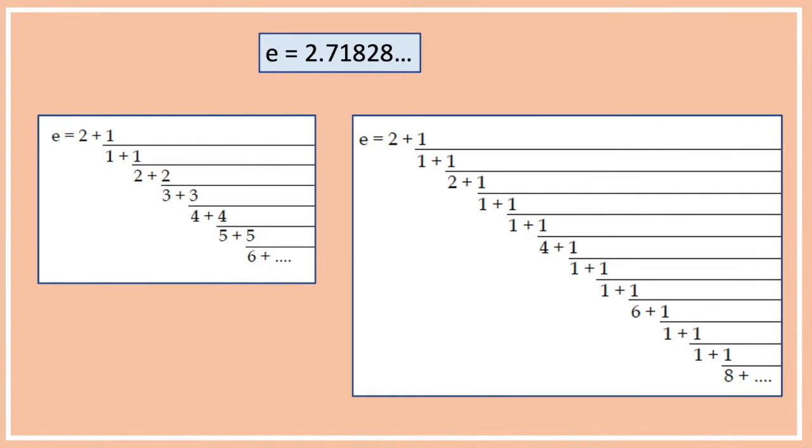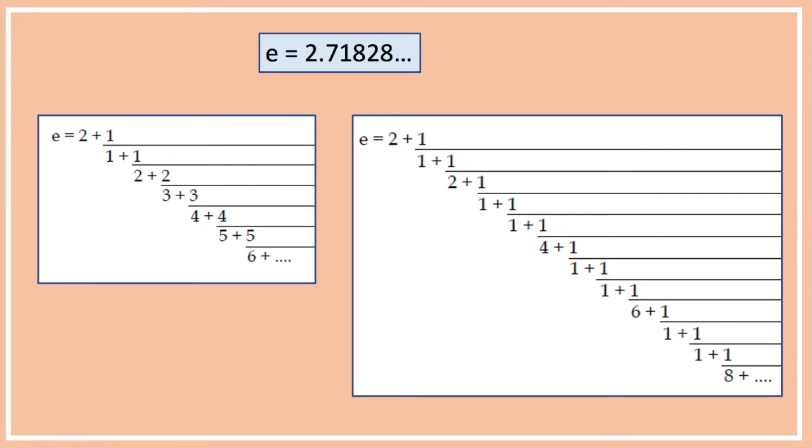But what is here? You can see how Euler's number E can be written in two different ways as a continued fraction. The fraction on the left shows us that we have the number 2, and then we add 1 per 1 plus 1 per 2 in the next level, and then plus 2/3 and plus 3/4 and plus 4/5, always on the next level, then 5/6 and so forth until infinity.